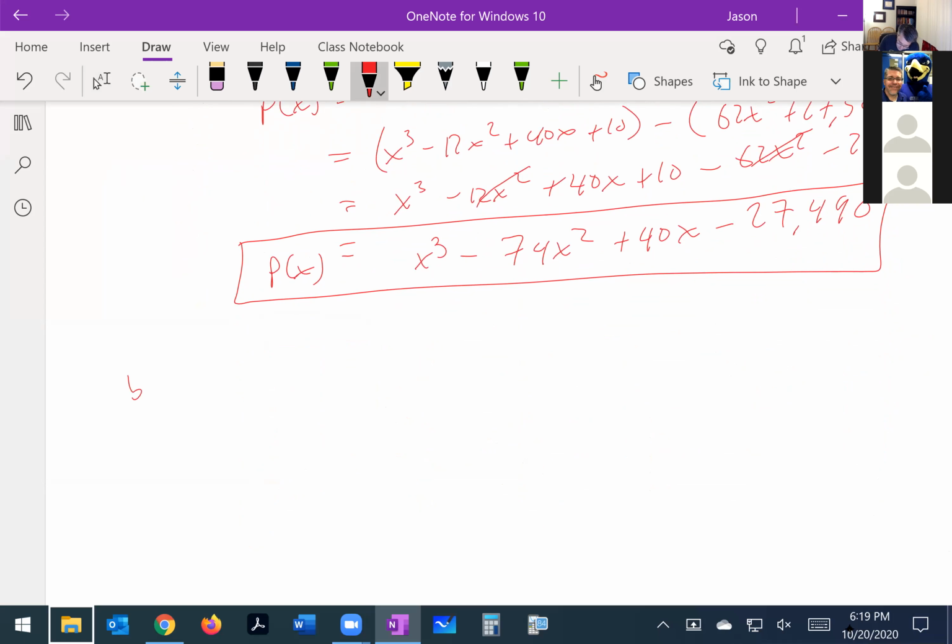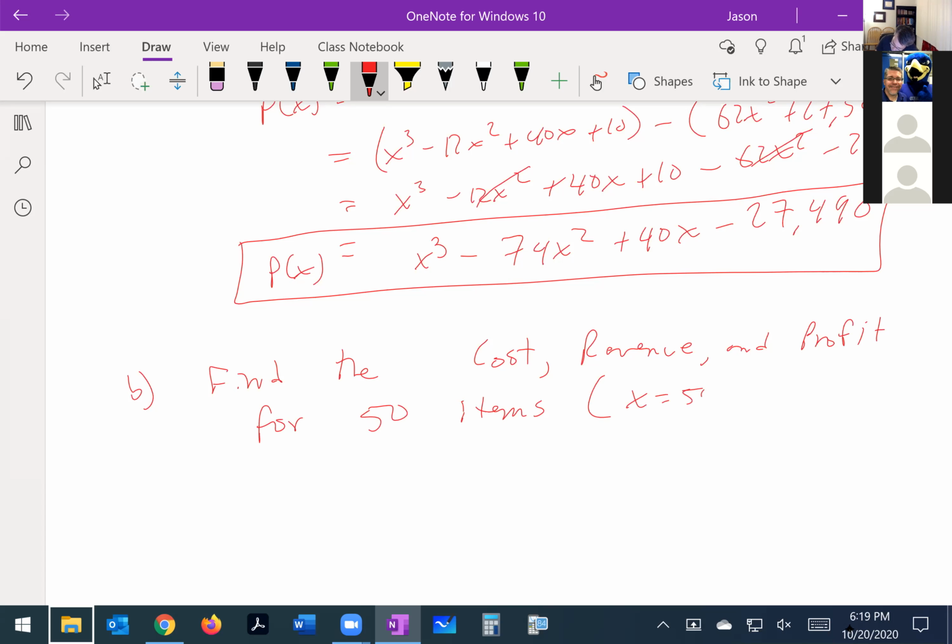Okay, so B. Find the cost, revenue, and profit for 50 items, that is when x is equal to 50.